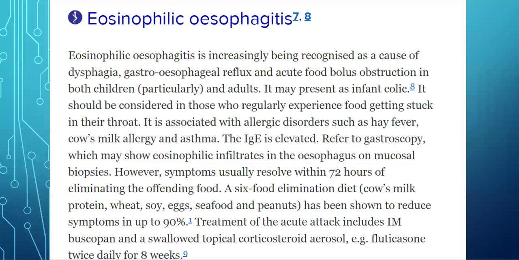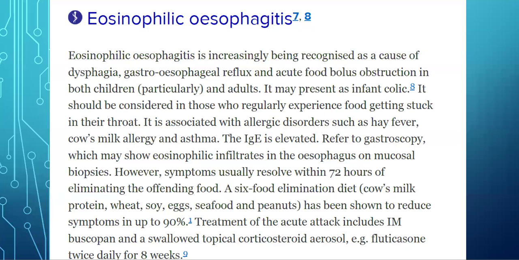If the question says that the patient has a known allergic problem, a feeling of swallowing difficulty, food getting stuck in the throat, what will be your next most appropriate management? In that situation, the next most appropriate should be a PPI for 8 weeks, followed by an endoscopy.